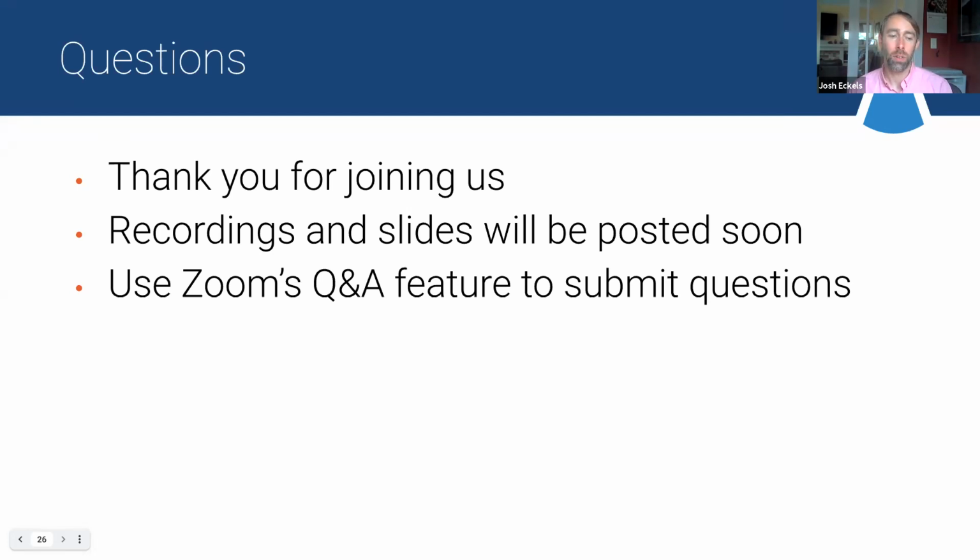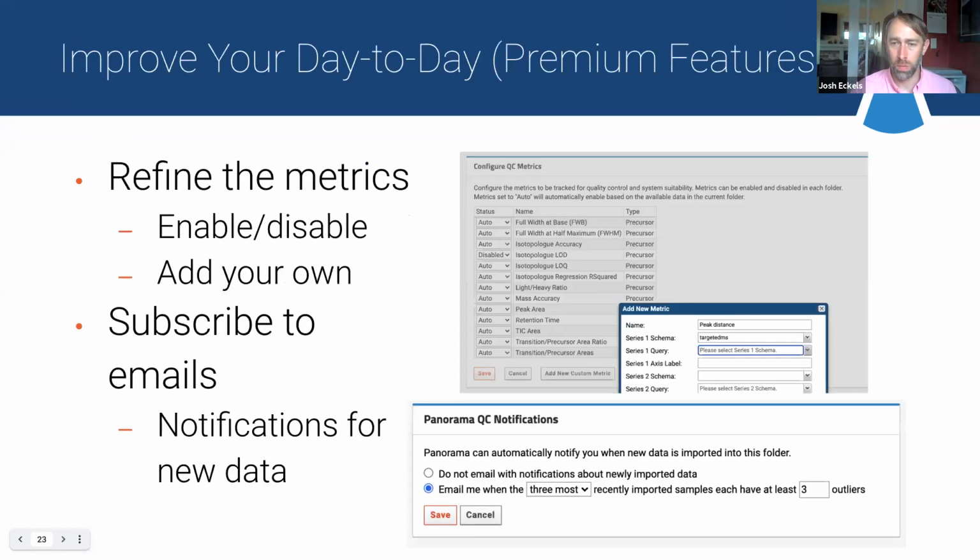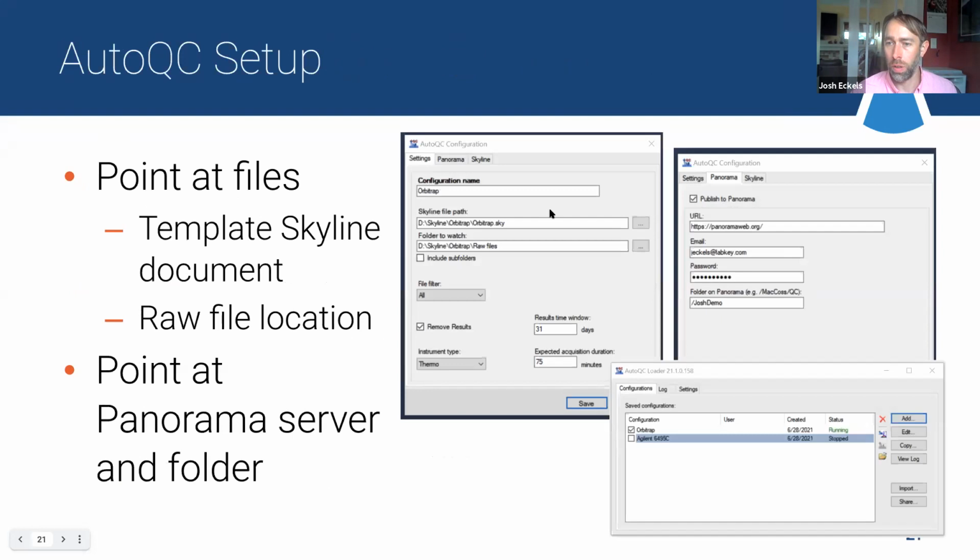In that case, basically it's whatever server you go to access Panorama in the web browser, that's what you would put in. Let me go ahead and find this URL here. That's the server that you want to go to. If you're using that shared server, it's panoramaweb.org. If you're using your own custom installation, put in myserver.labkey.com, for example.